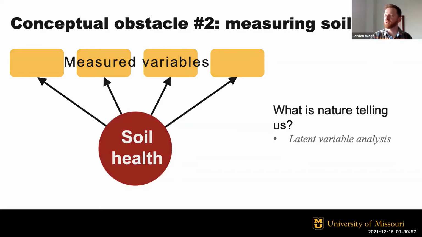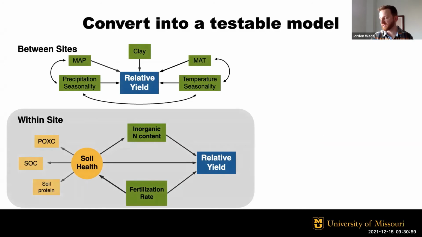So then we need to combine all of these things into an actual testable model. What we did is we controlled for variations in rain or precipitation at each site, differences in texture, and average temperature at each site. What this does is it really lets us compare within a site, isolate for the effect of soil health, and also integrate it with our understanding of nitrogen fertilization and your pre-plant soil nitrogen levels.